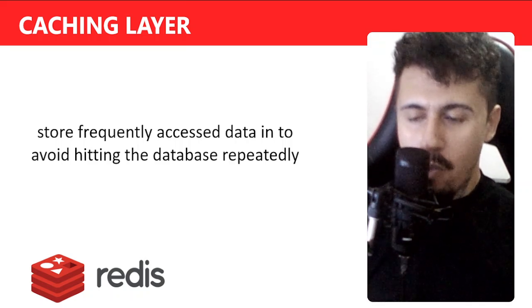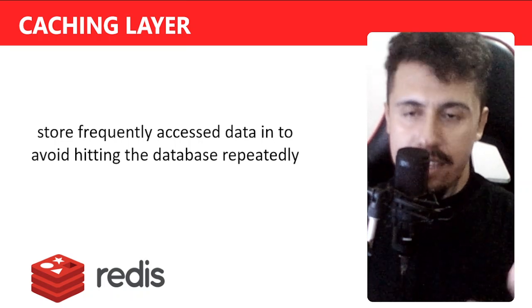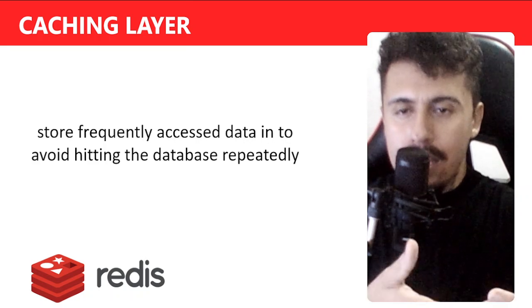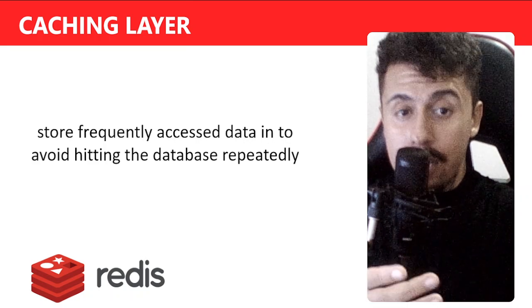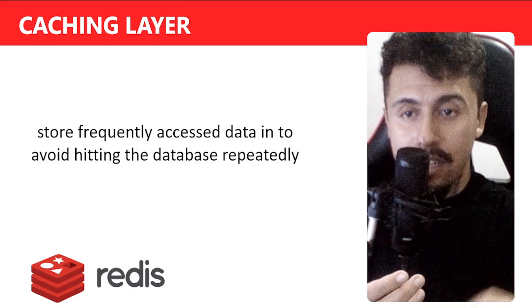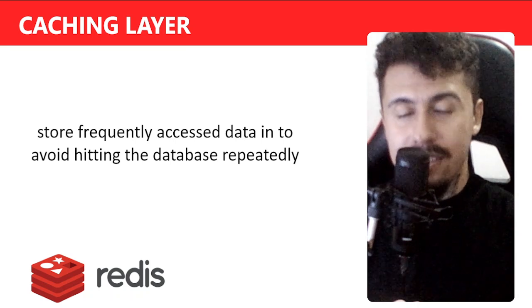So when you build a caching layer, you store this frequently accessed data, in this case in Redis, to avoid hitting the database repeatedly, okay?